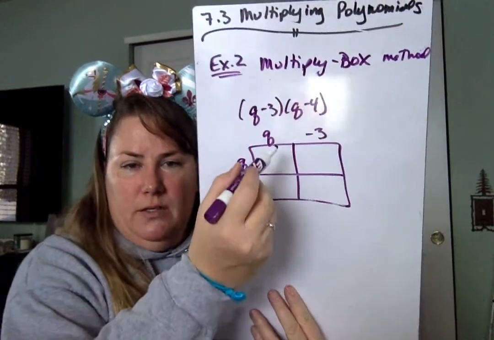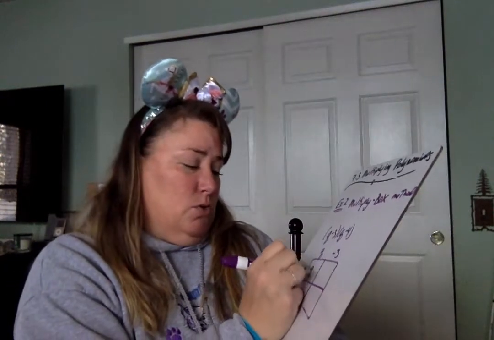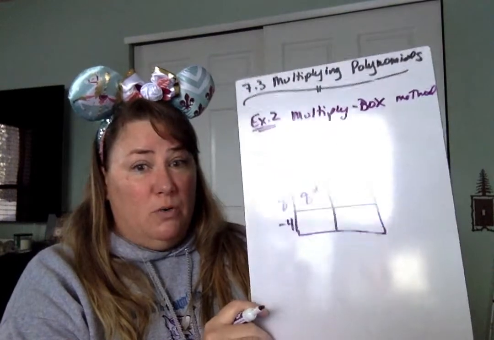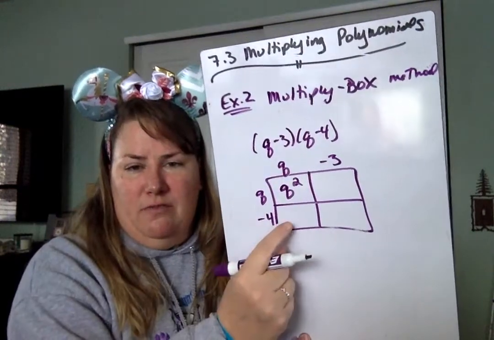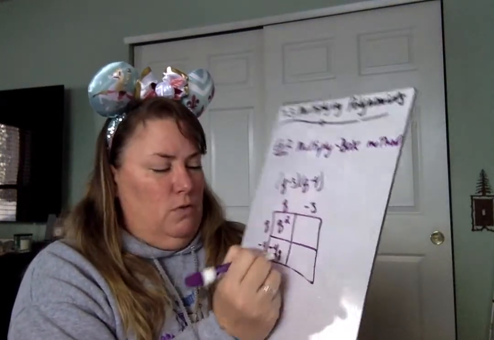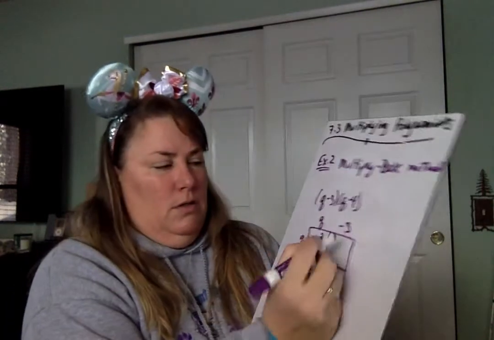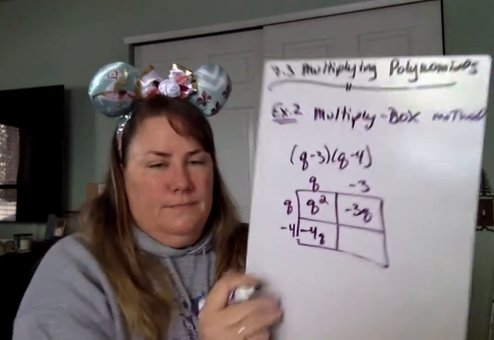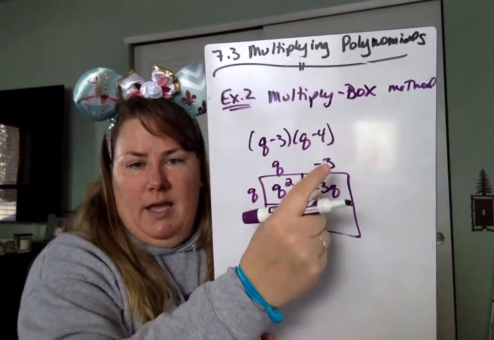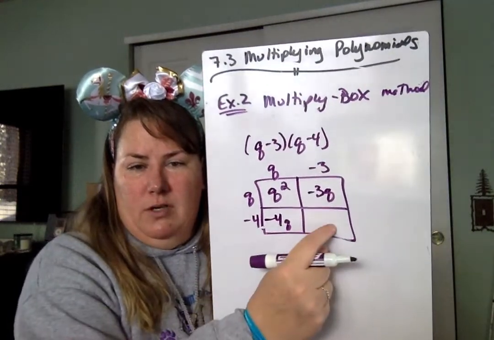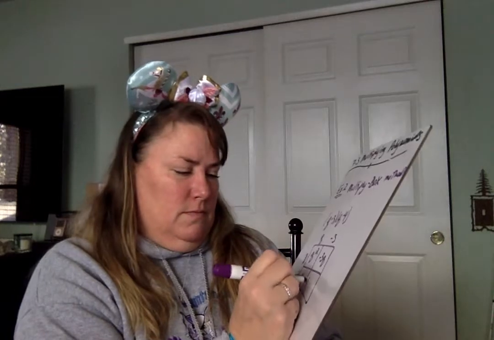And let's multiply. Q times q is a q squared. Exponent rules. Q times a negative 4, negative 4q. Negative 3 times a q, negative 3q. And negative 3 times a negative 4, positive 12.